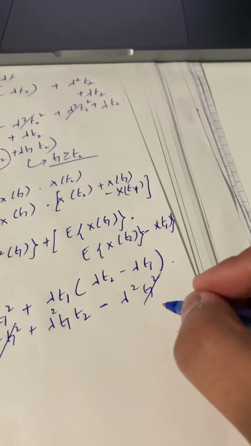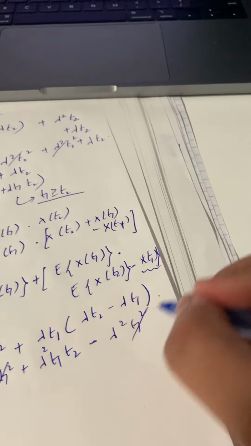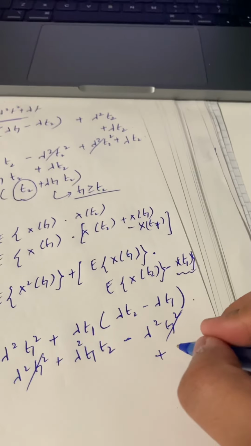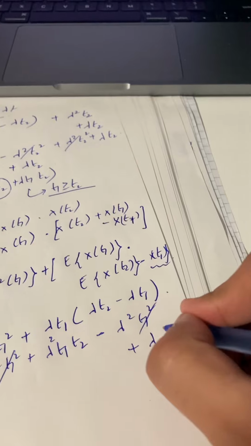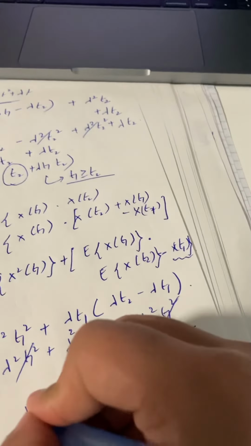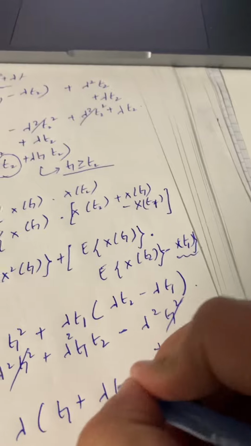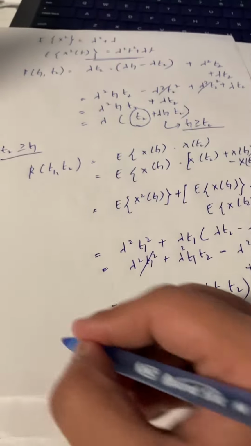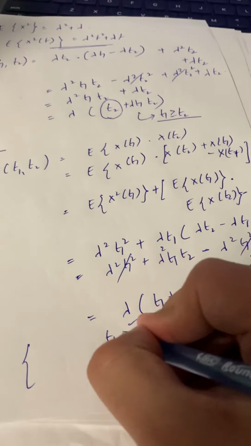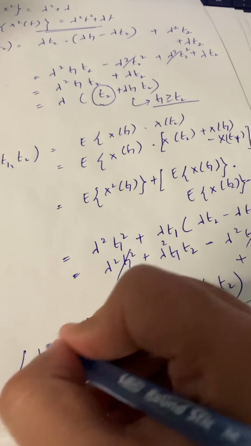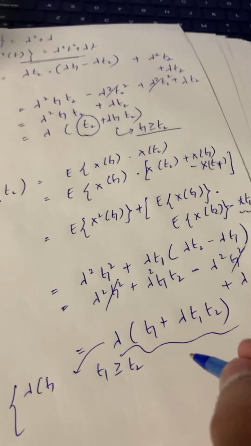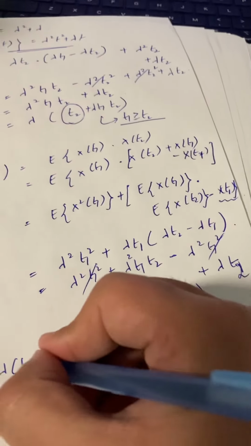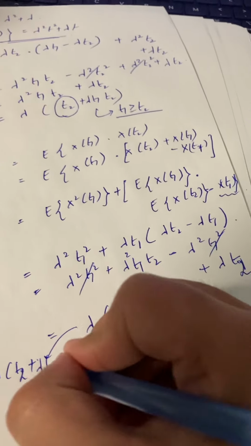Cancel these two, and we forgot this one, so this becomes plus lambda t1. So this is equal to lambda into t1 plus lambda square t1 t2.